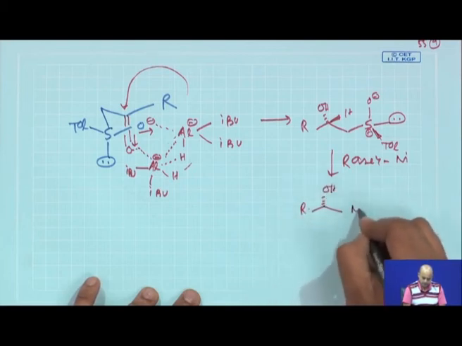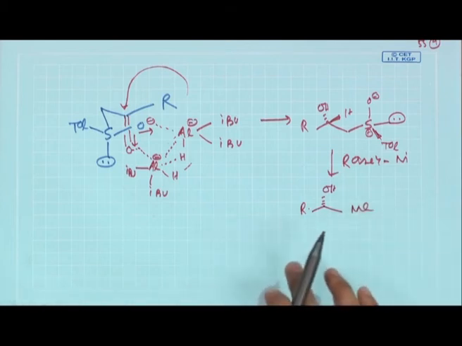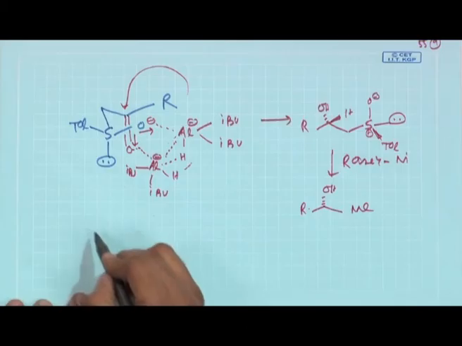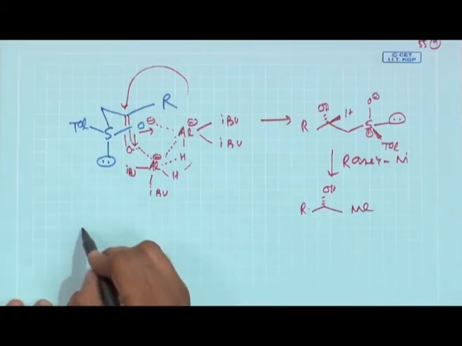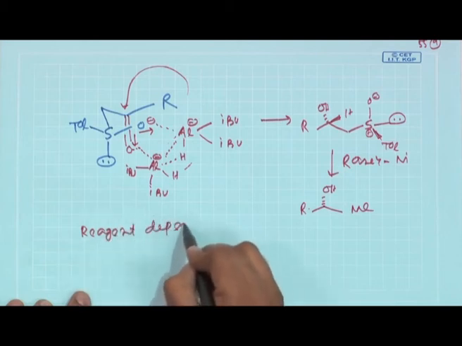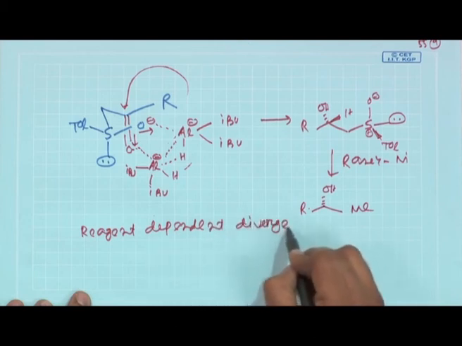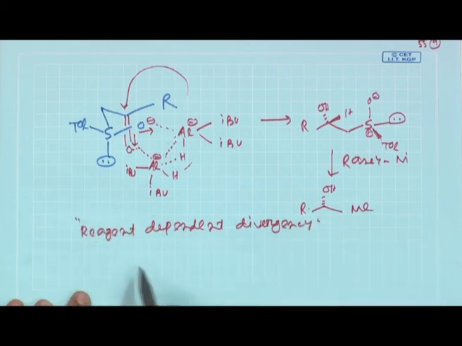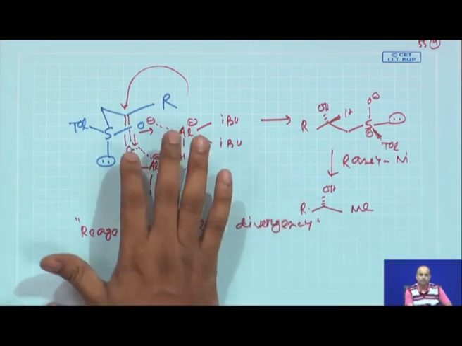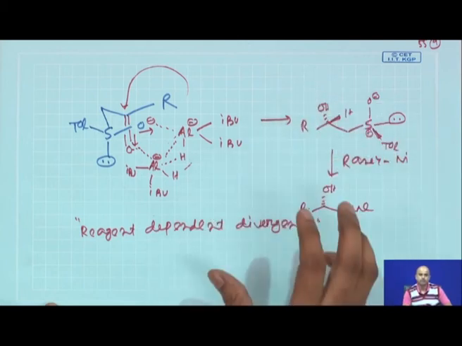OH methyl. So, by choosing two different reagents which react fundamentally in different ways, you can create the divergency. This is purely a reagent dependent divergency, and this kind of reagent dependent divergency is very popular, because you start with the same starting material and subject it to a simple achiral reagent.